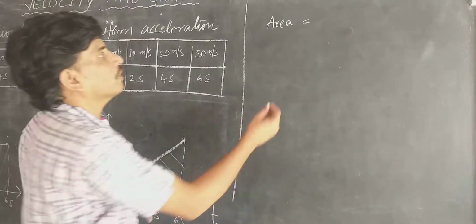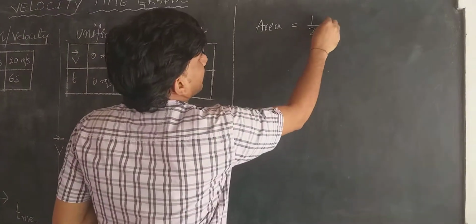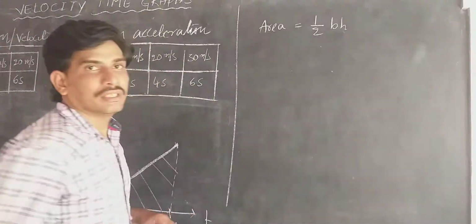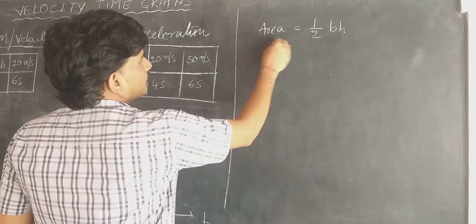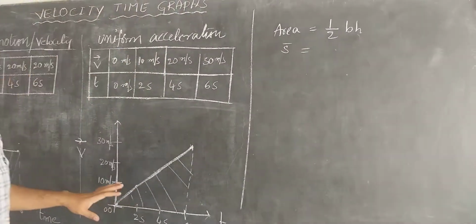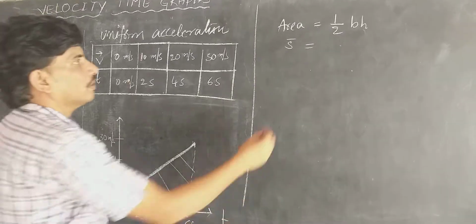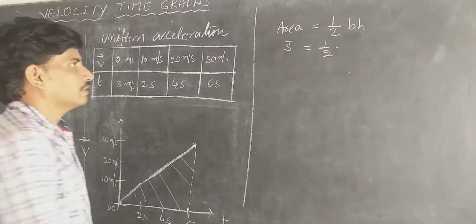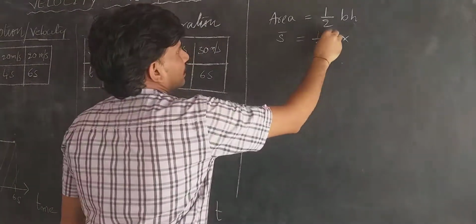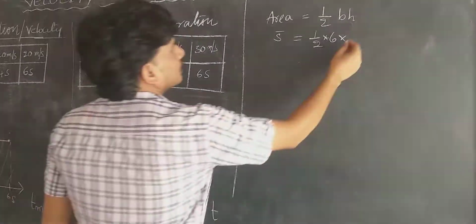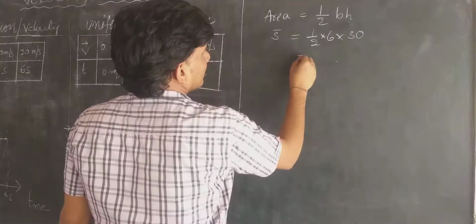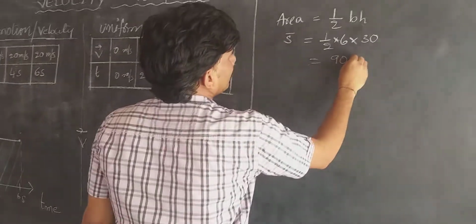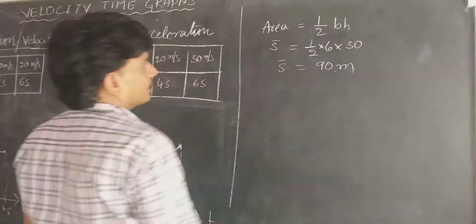You need to use the triangle area formula, half into B into H. So you will get the displacement, half into B value which is 6, and H is 30. That means total 90 meters of displacement.